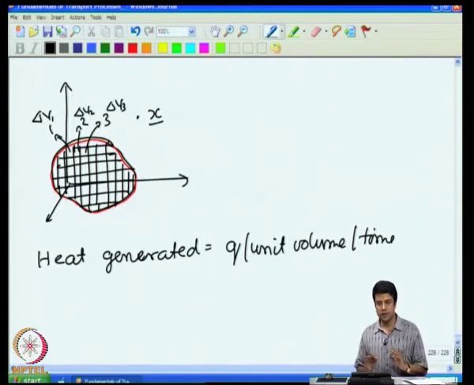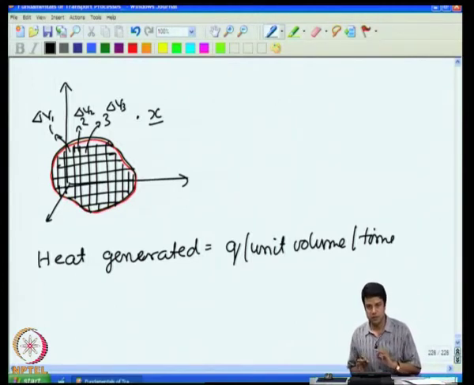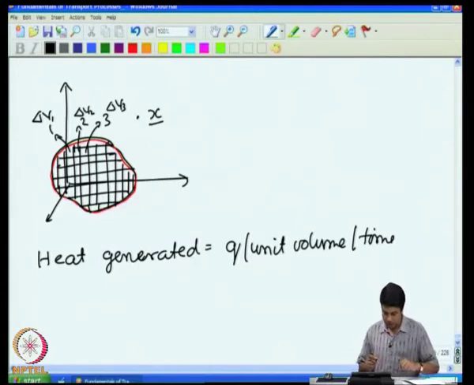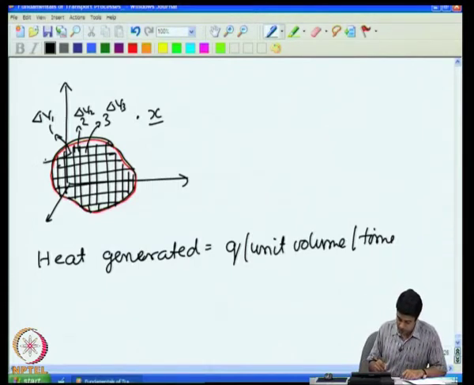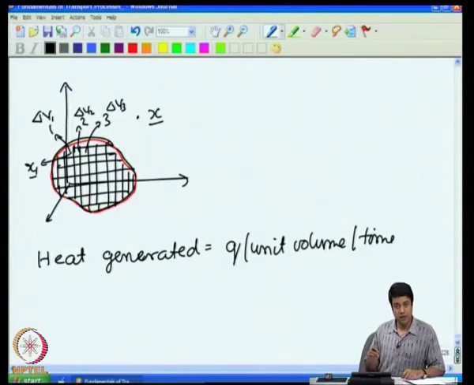I have divided it into small differential volumes, and delta V 1 is located at the location x 1, delta V 2 at x 2, delta V 3 at x 3 and so on.